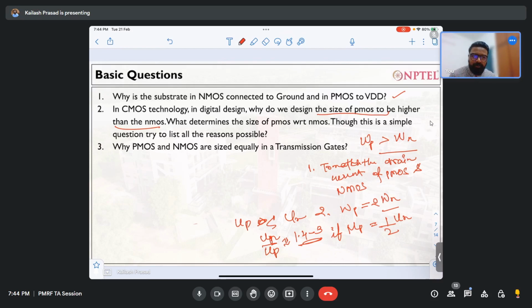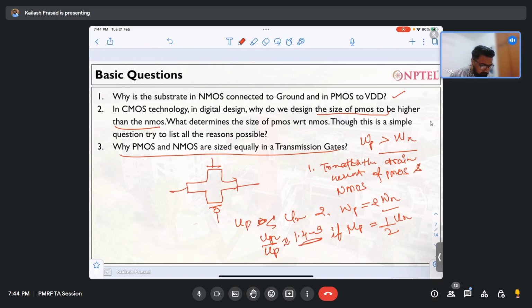Now because you have answered this question, I have a follow-up question. When you design a transmission gate, you size them equally. So this is a transmission gate, this is an NMOS, and this is a PMOS.